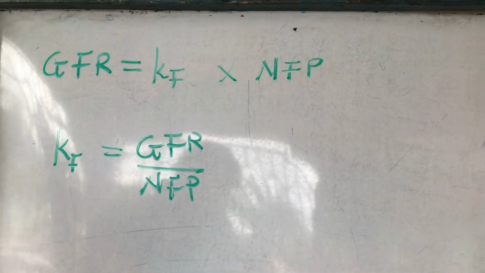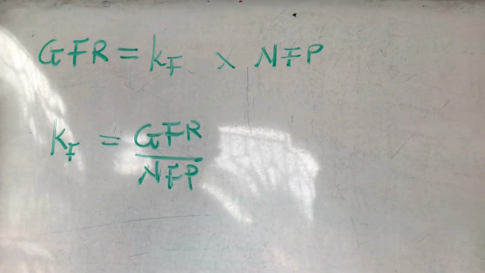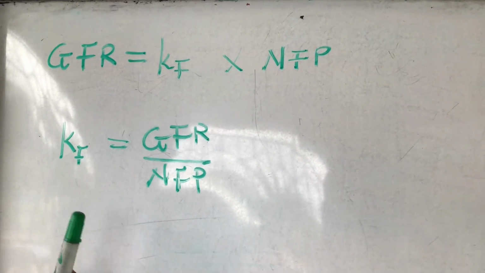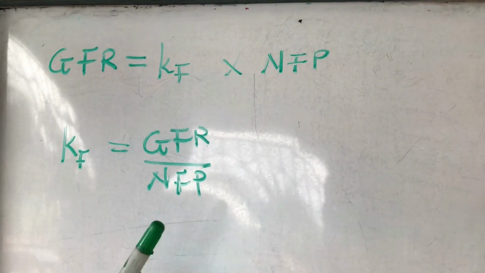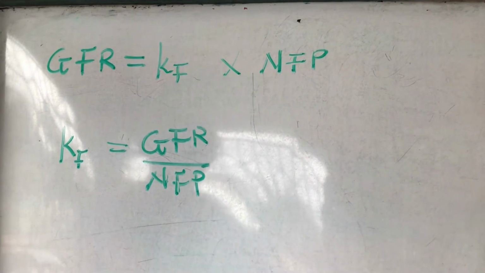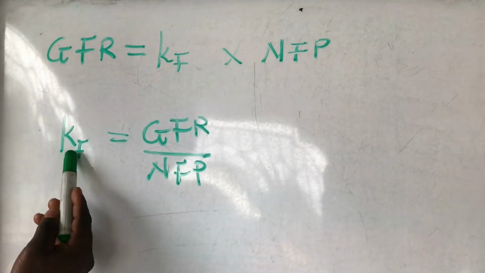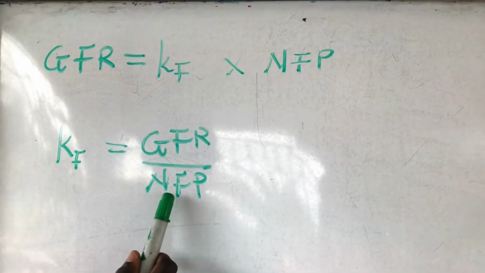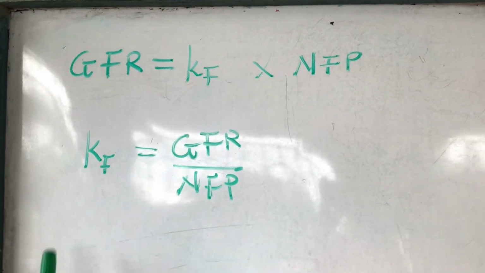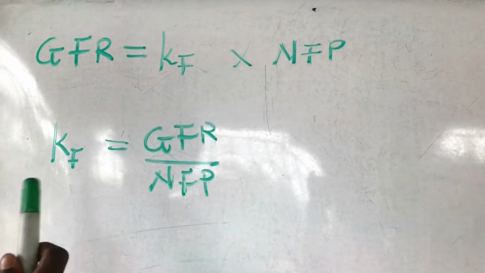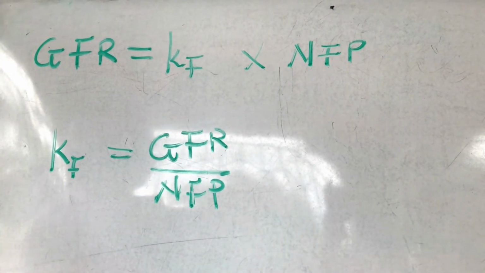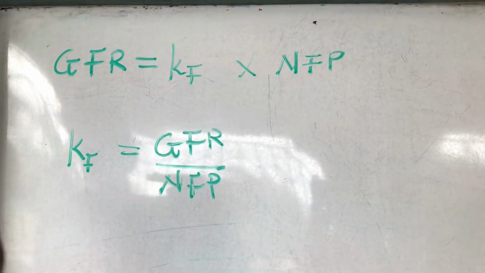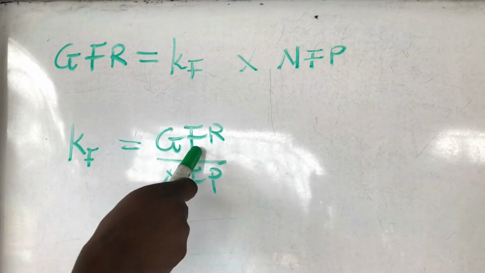So this gives us the whole concept of how GFR is calculated. From a change of subject, we know that Kf, the coefficient of filtration, is equal to the glomerular filtration rate divided by the net filtration pressure. This means that Kf depends directly on the GFR. When Kf is increased, or when the surface area or the permeability of the glomerular is increased, there is going to be high clearance activity of the kidney, that is, a high glomerular filtration rate.